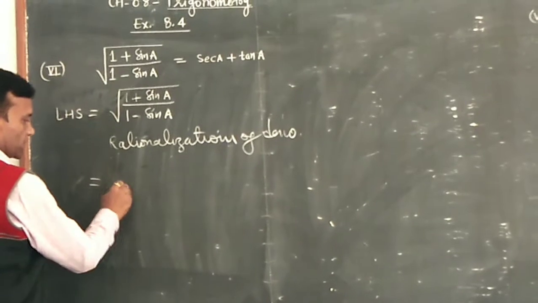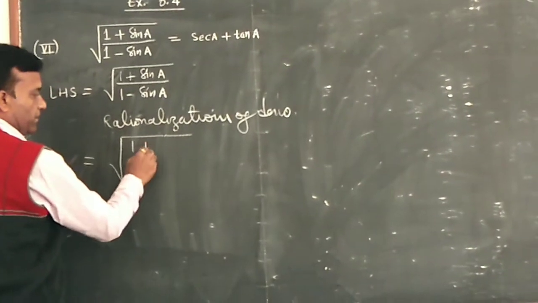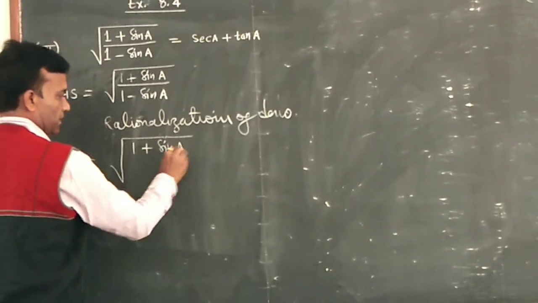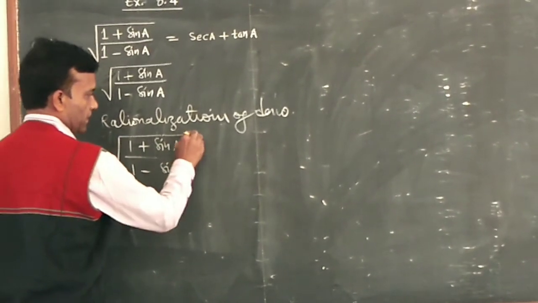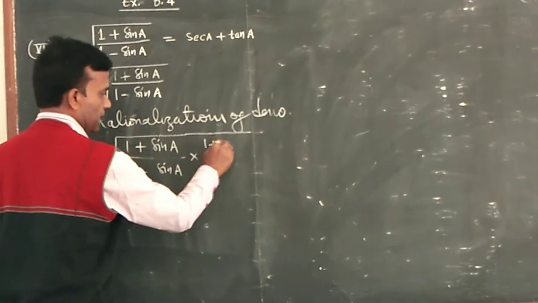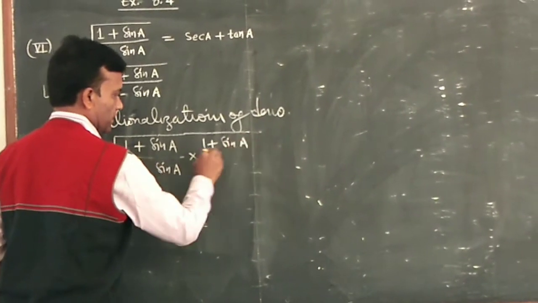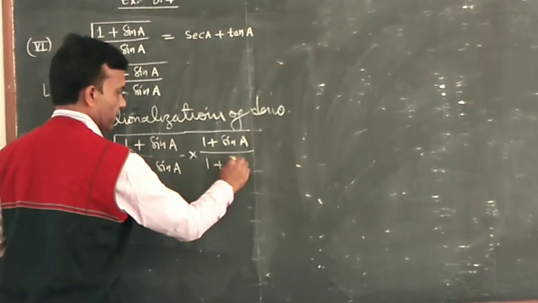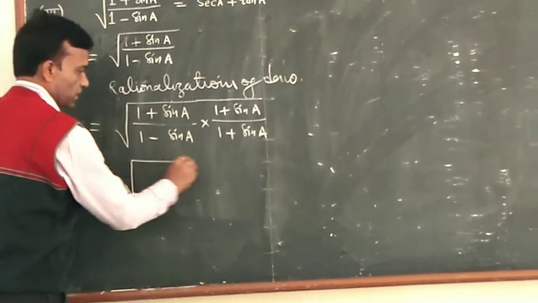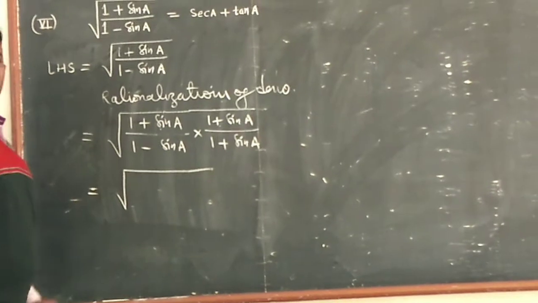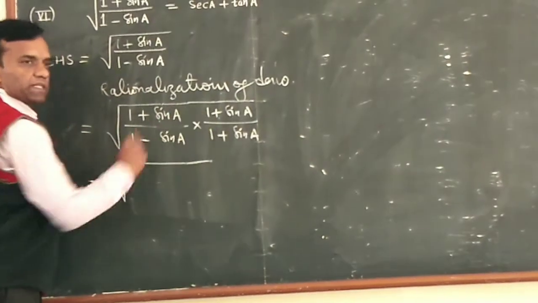Then it is under root of (1 plus sin a) upon (1 minus sin a). Then multiply by 1 plus sin a upon 1 plus sin a. So two same values are here in the numerator, 1 plus sin a, 1 plus sin a.